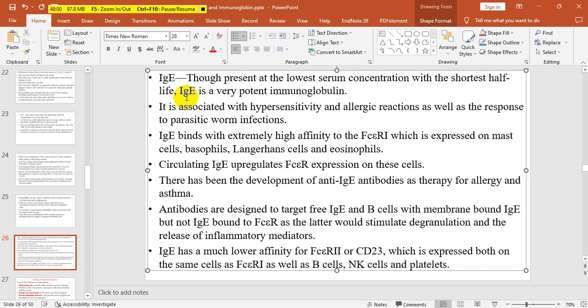The only medicine is that you don't go closer to these things. But another medicine is that they can give you antihistamines. We have other types of antihistamines too.